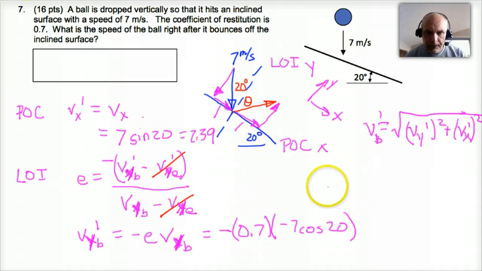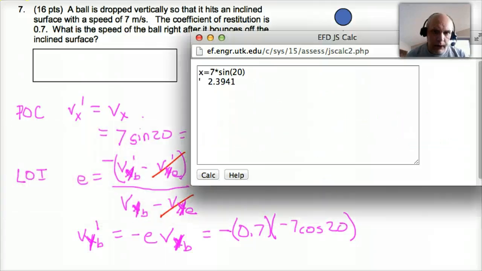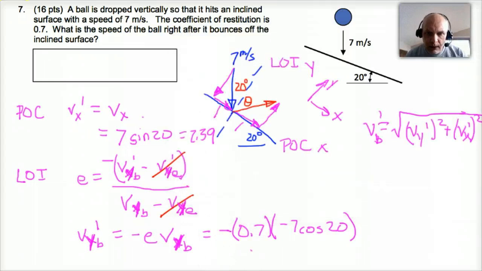And come on back here. We'll do y equals, my negative signs will drop out, so 0.7 times 7 times cosine 20. That'll give me 4.6.